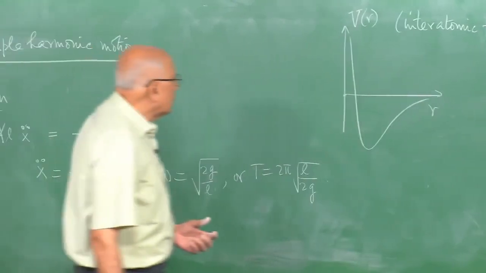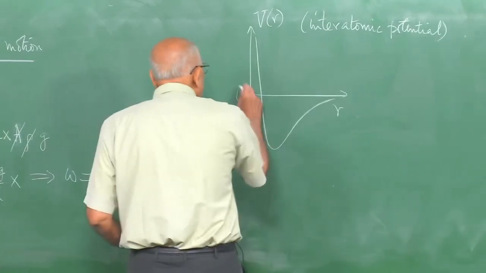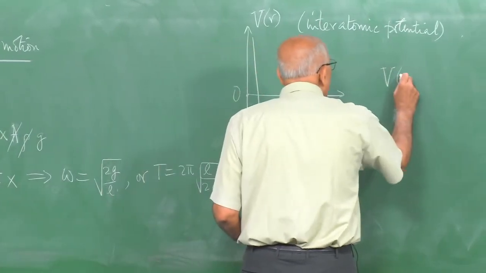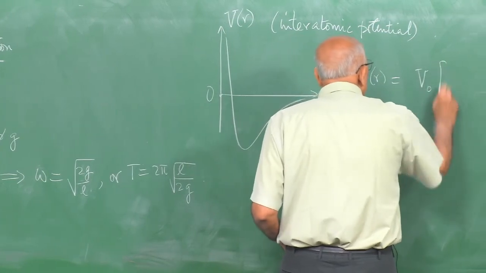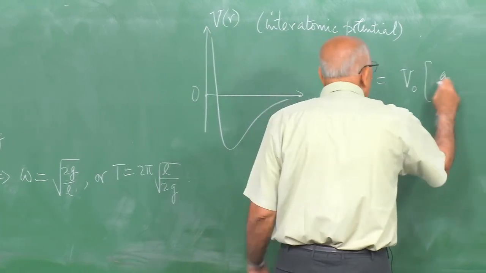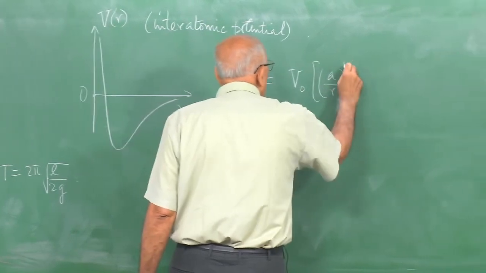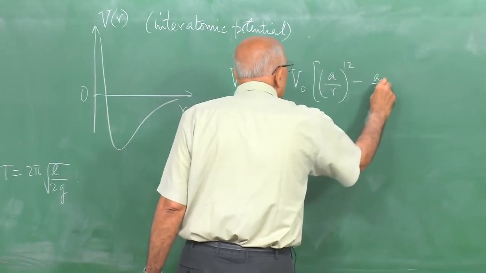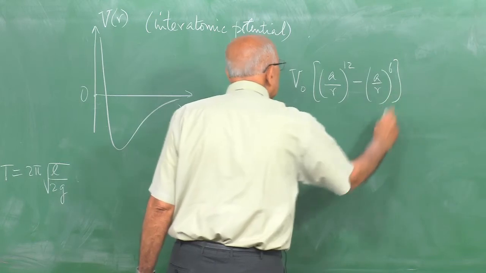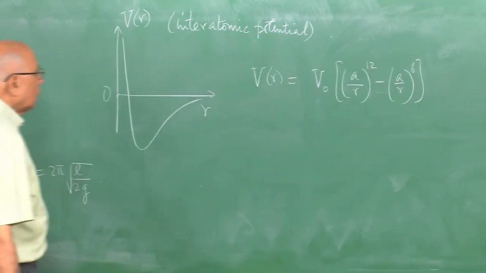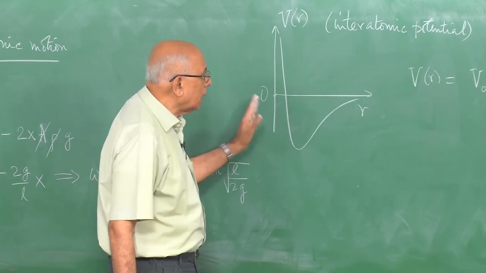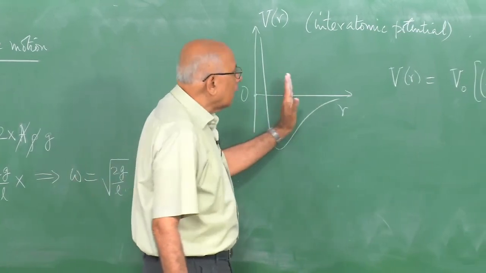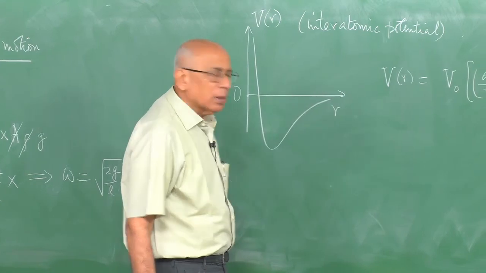And I wrote down a form for this, which was V of r equal to some constant V naught times A over r to the power 12 minus A over r to the power 6, to show that you have a very repulsive force for small values r less than A, and then you have an attractive force beyond a certain point.